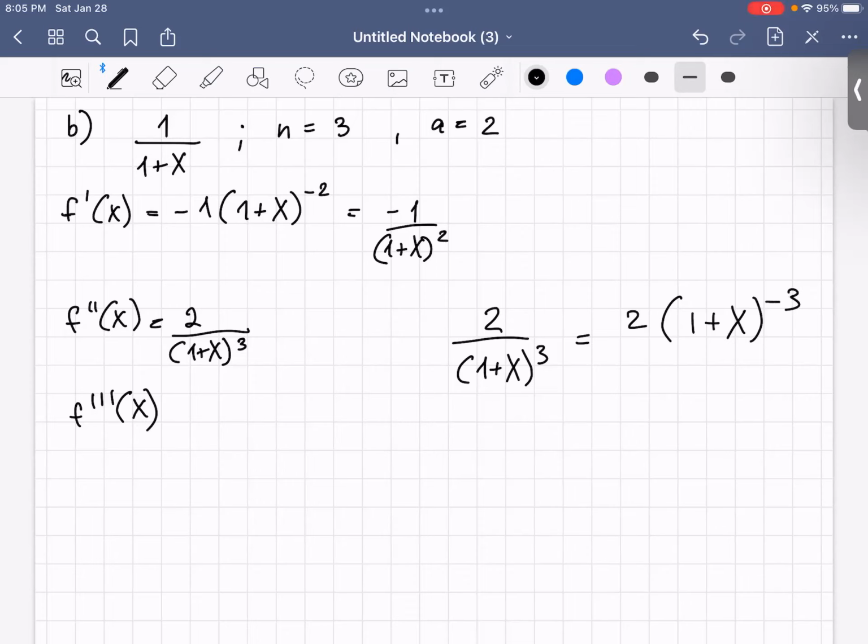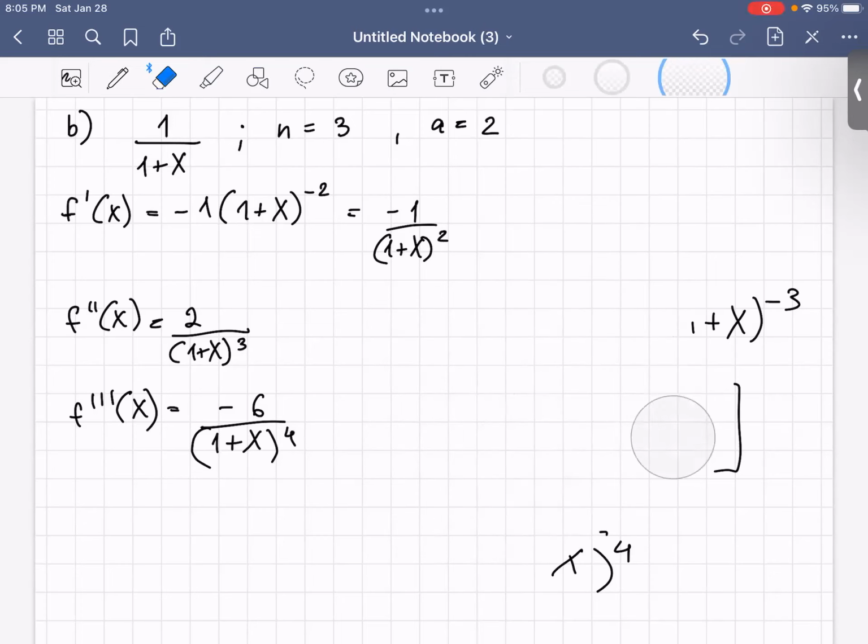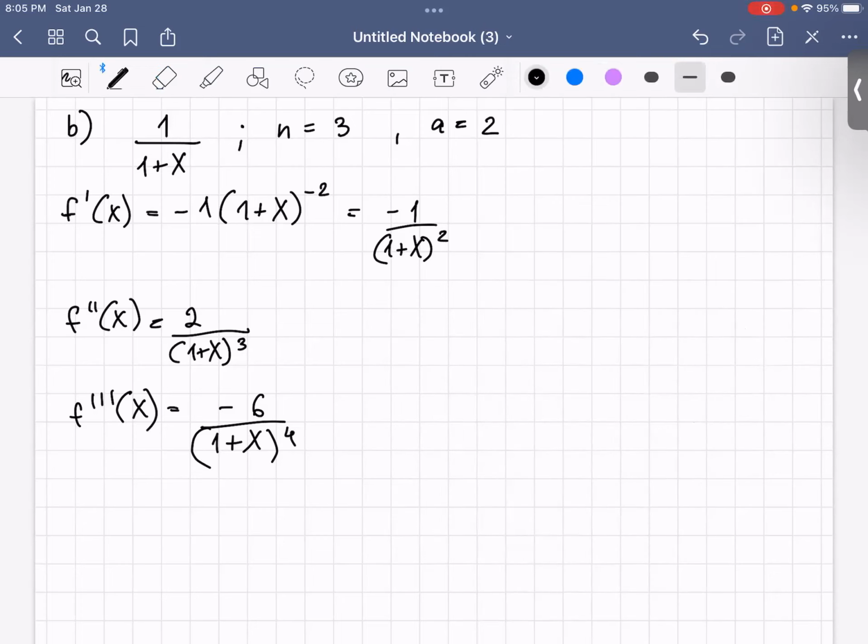So the derivative of this is 2 times negative 3 times 1 plus x to the power of negative 4, which can be written as negative 6 over 1 plus x to the power of 4. Okay, so it's negative 6 over 1 plus x to the power of 4. And I'm just going to erase this.